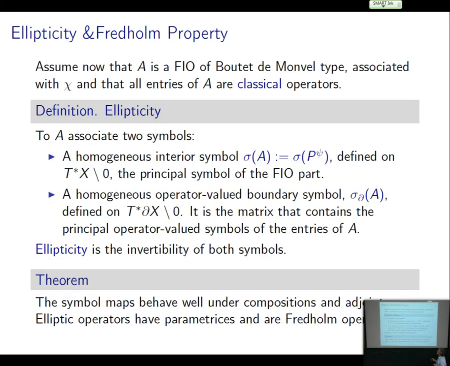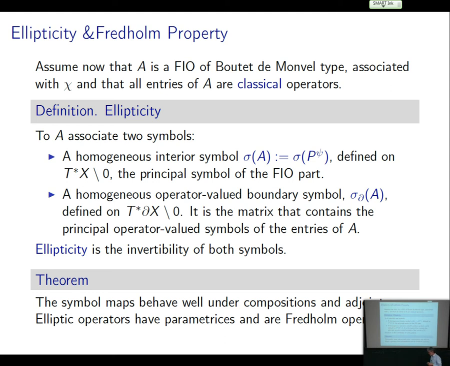Okay, in the final time, I have to say something just a little bit about ellipticity. In the beginning, I told you that the ellipticity in Boutet de Monvel's calculus is characterized by 2 symbols, the principal interior symbol and the principal boundary symbol. Also in this case, you can define 2 symbols, and they're a little bit nasty to explain.